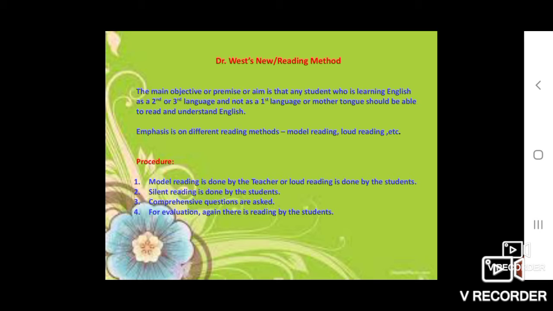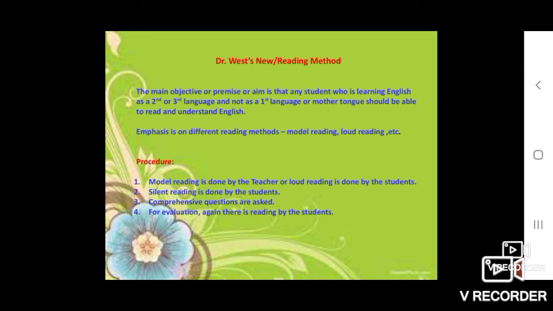Teacher has to read and students have to repeat after him. Silent reading is also done by the students. Teacher has to ask all the students to read a particular prose or paragraph silently.